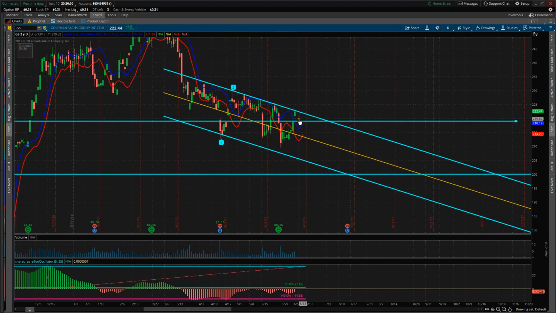We have to consider if it does stay above here, if the daily price action finds this support resistance, now support from the weekly, starts to move away and it comes up above sort of 230, then we might consider an entry. But in reality, at this moment in time, if this channel holds and starts to come back down again, we'll be looking at this sort of $200 level as support.